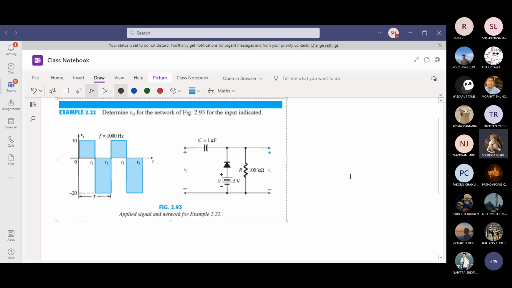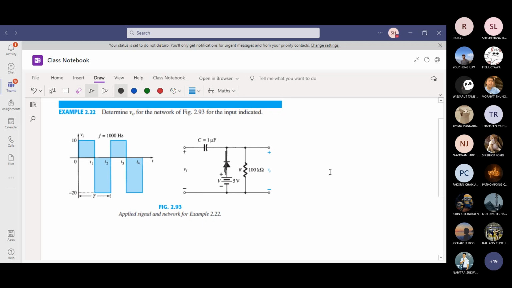Just a moment, sir. Let me short the diode for you. Negative half cycle, the diode is short. I did not say it is a silicon, so this voltage is 0. What is the voltage now?